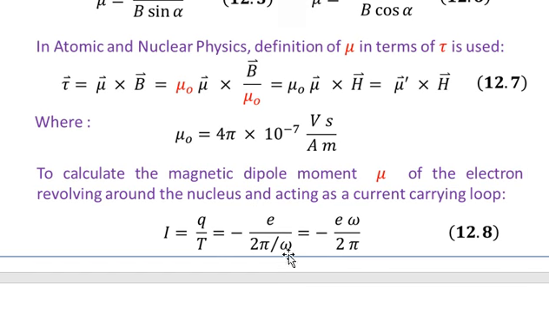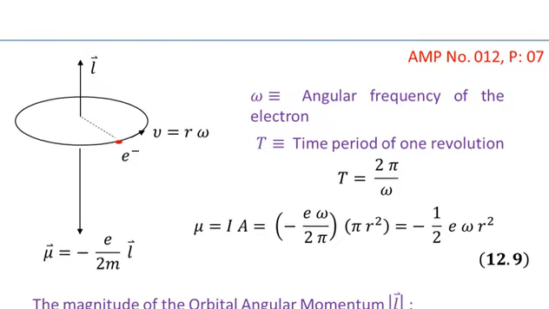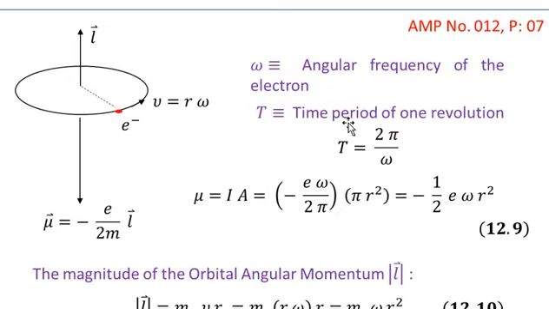T is equal to 2 pi over omega. Here you can write that the current I flowing in the electron loop is I equal to minus e omega over 2 pi, as shown in equation number 8, where omega is the angular frequency of the electron.